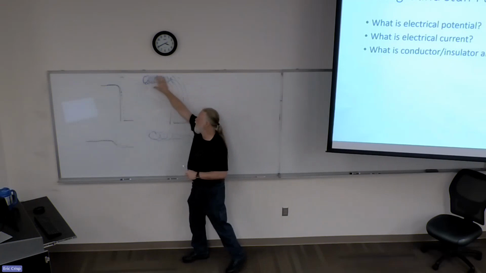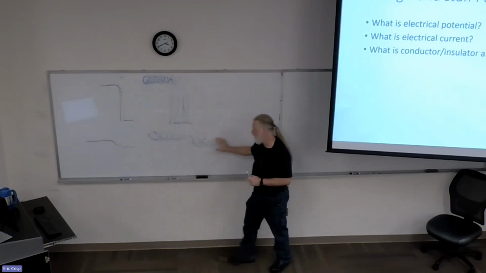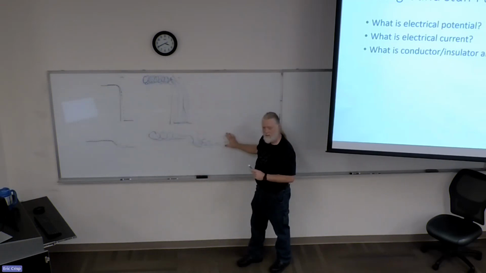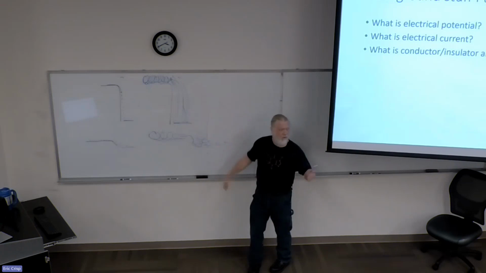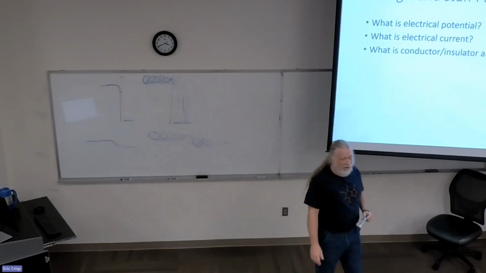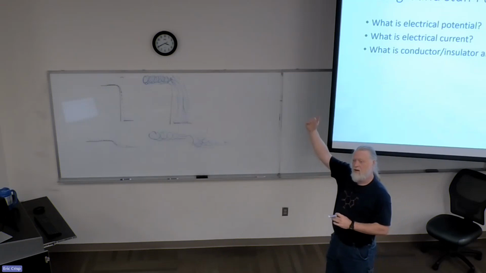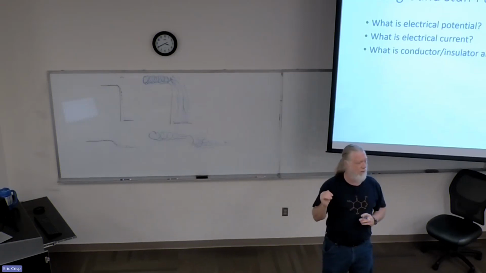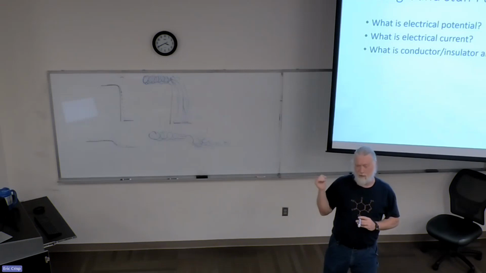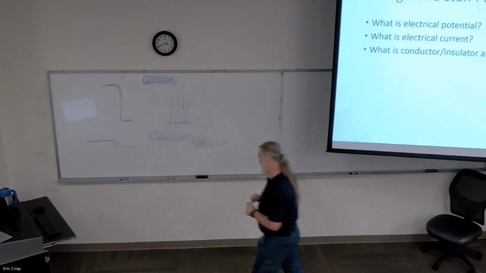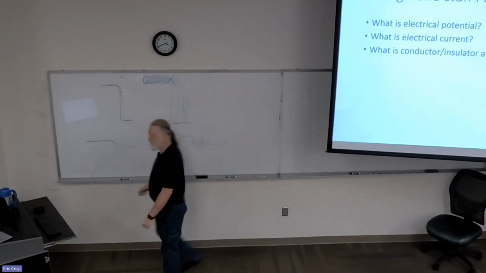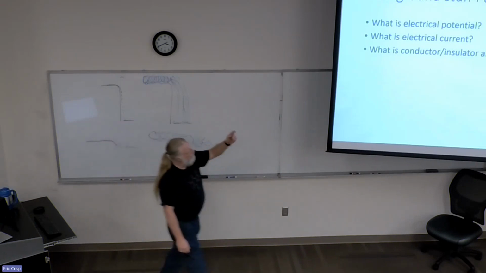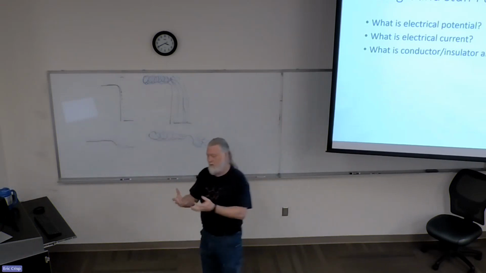So there's a lot of flow here and a lot of flow here. The amount of flow is analogous to current, and the amount of topography drop, the elevation drop, is analogous to voltage. Does that make any sense? Maybe. Okay, we'll try.